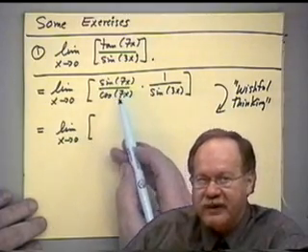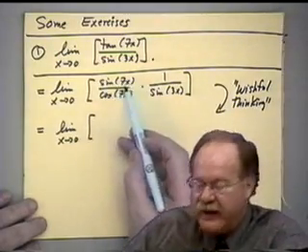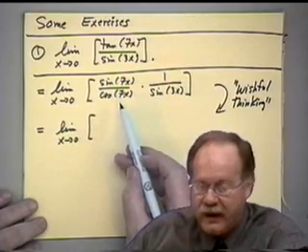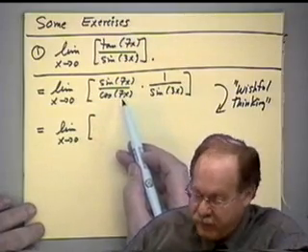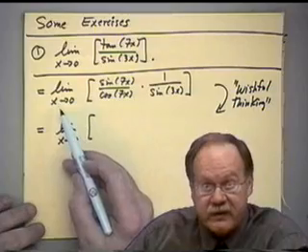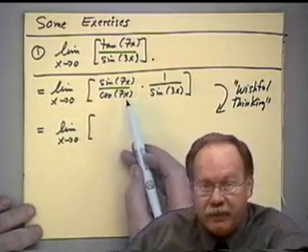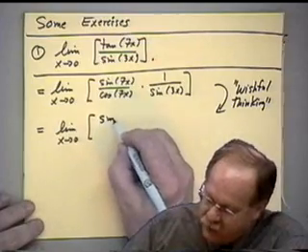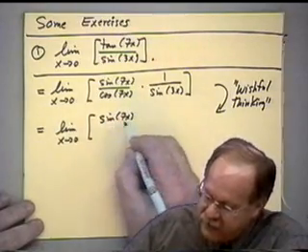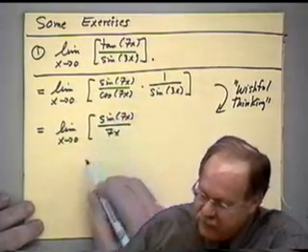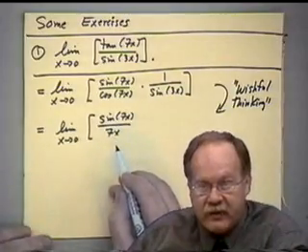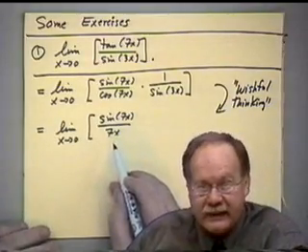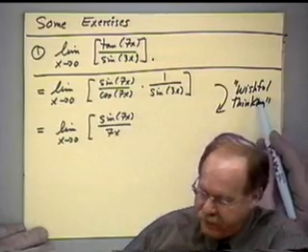I would like there to be a 7x on the bottom, because then I'd have a sine of something over something, and if that something were to go to 0, and if x goes to 0, 7x goes to 0, then I'd be able to pull in that limit I did before. So I'll write down 7x, sine of 7x over 7x. Now I'm not going to worry about making this work out just yet. Let's just write down what I'd like to have. That's the wishful part here.